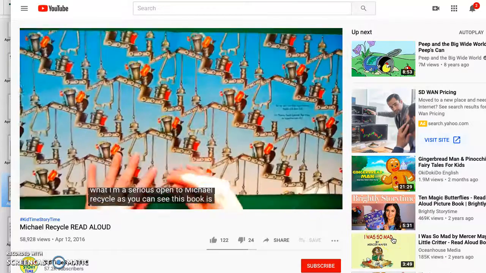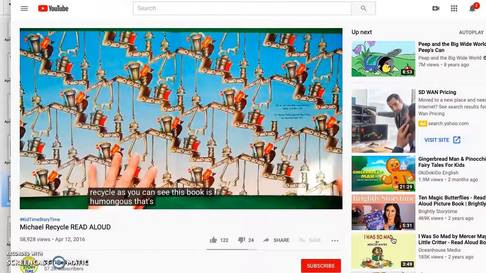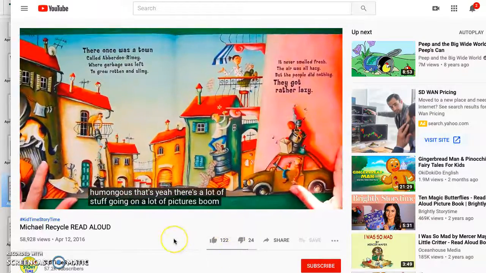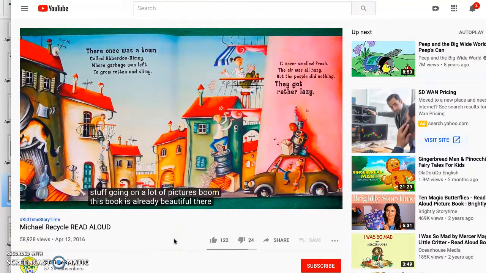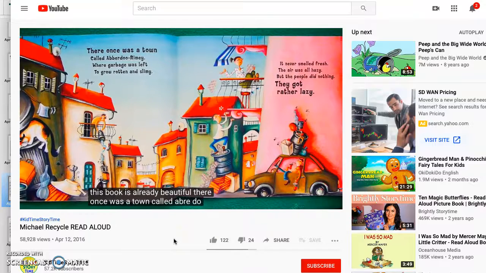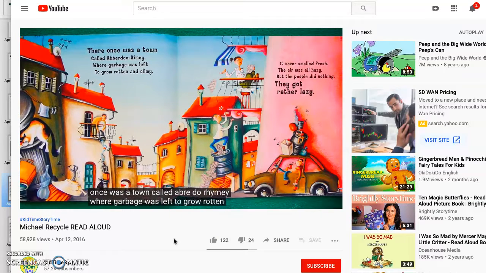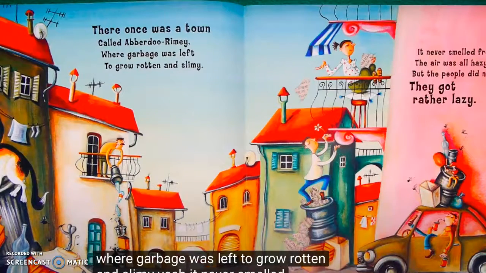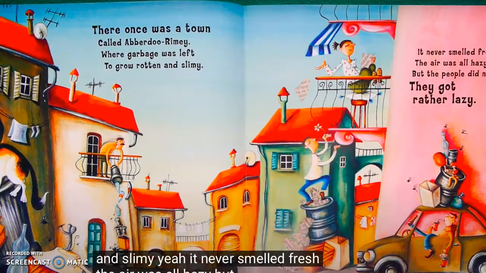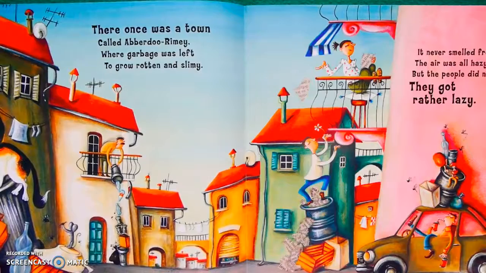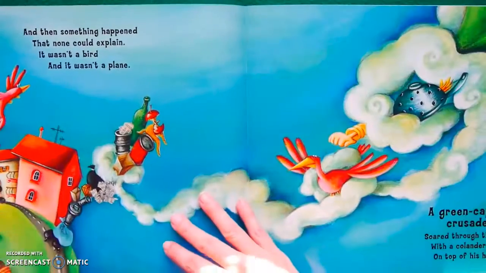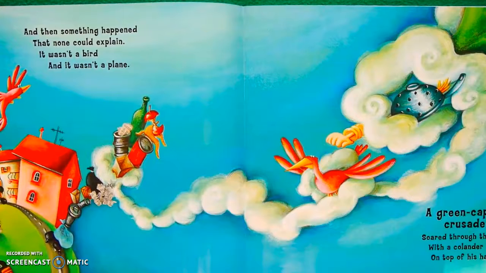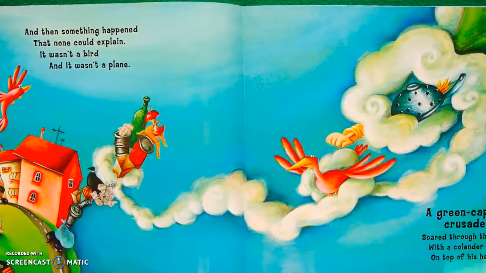Michael Recycle. There once was a town called Aberdew Rimy, where garbage was left to grow rotten and slimy. It never smelled fresh, the air was all hazy, but the people did nothing, they got rather lazy. And then something happened that none could explain. It wasn't a bird and it wasn't a plane.